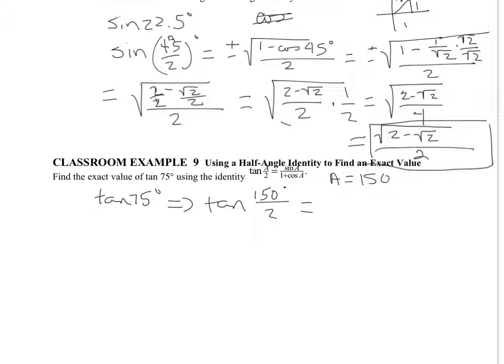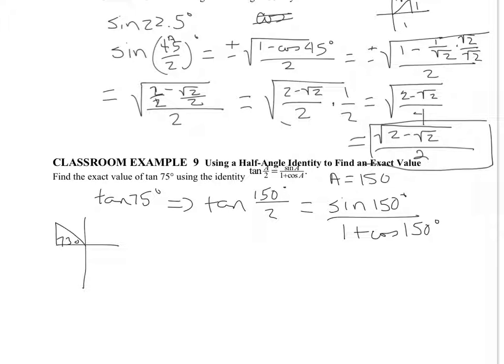Now we can use this identity, so we'll need the sine of 150 and we'll divide that by 1 plus the cosine of 150. And I think I can do something with a 150-degree angle because that means I'm in the second quadrant. And if this is 150, that makes this 30, doesn't it?